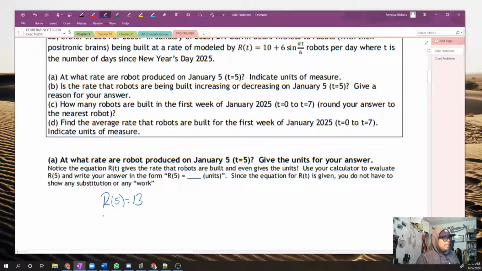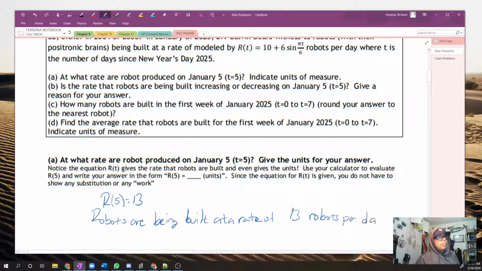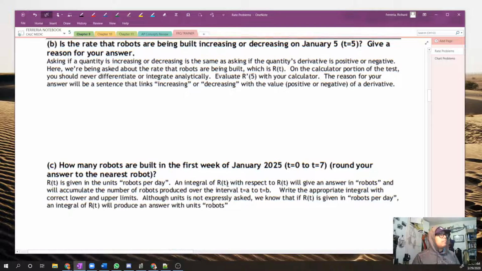So that means that robots are being built at a rate of 13 robots per day. No work to show, no nothing. All you've got to do is evaluate that function because that's all they're asking for.